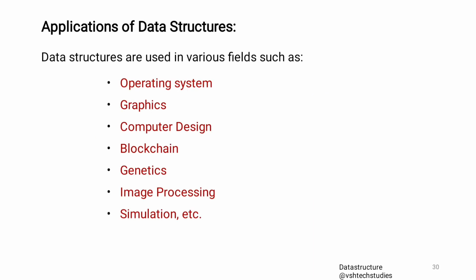Then the application of data structures as a whole. They are used in operating systems. Data structures are used in graphics, computer design, blockchain, genetics, image processing, simulation, etc. Data structure is very important, because for problem solving we have to take up an algorithm.